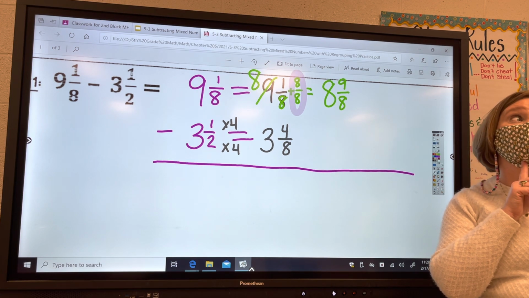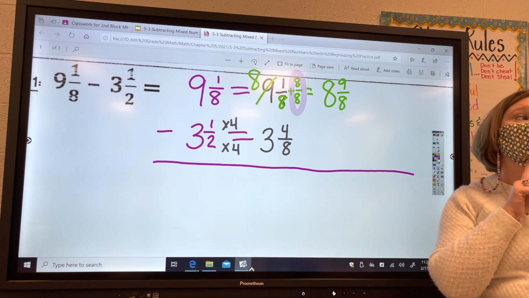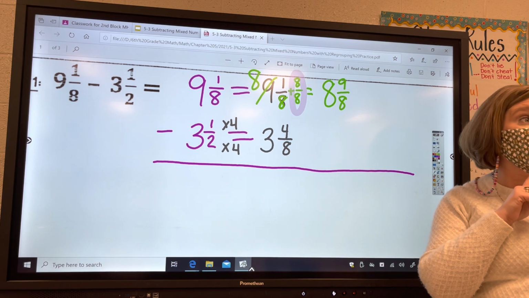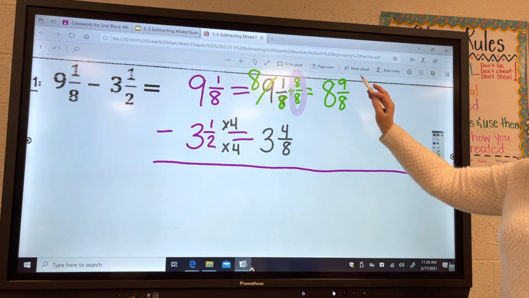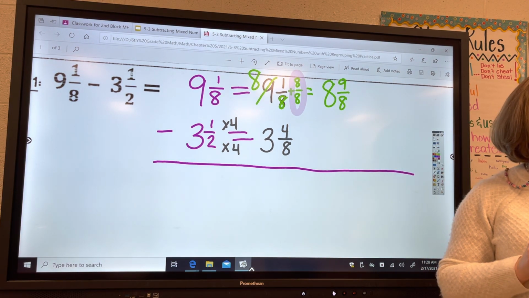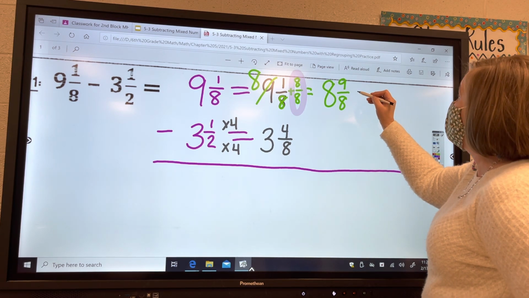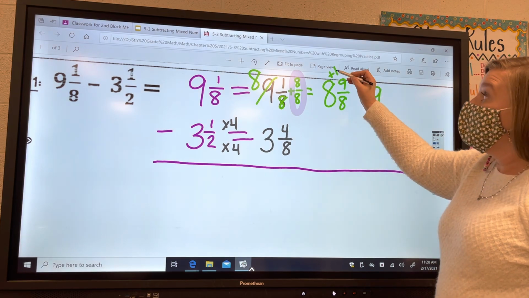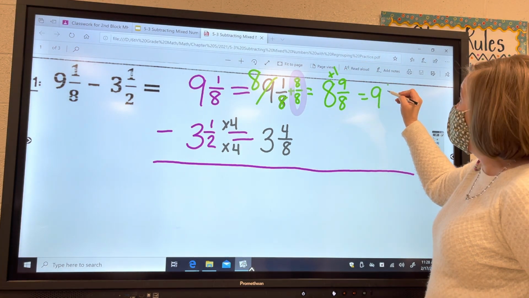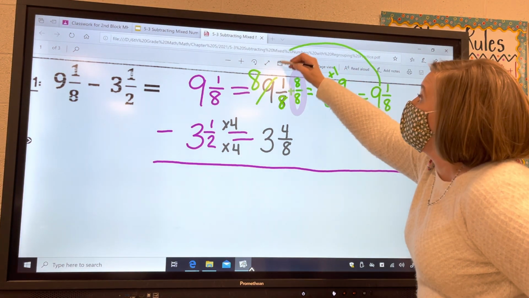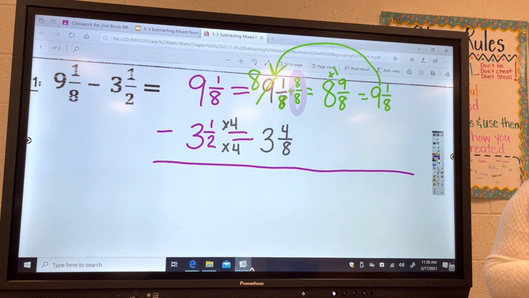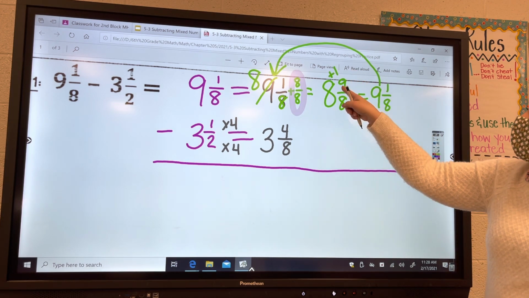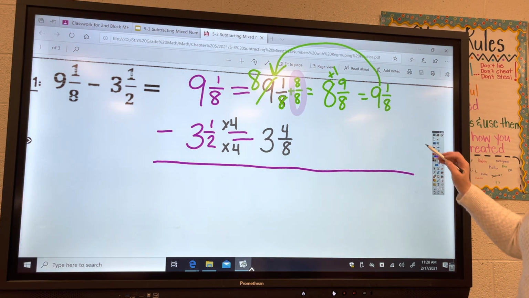Top heavy, so what is it? Improper. So, how many times will 8 go into 9? Once, with how many left over? 1. So it'll go in once with 1 left over. Do I get what we started with? Yes, we do. So that's why borrowing 1, writing it as a whole and adding it works.